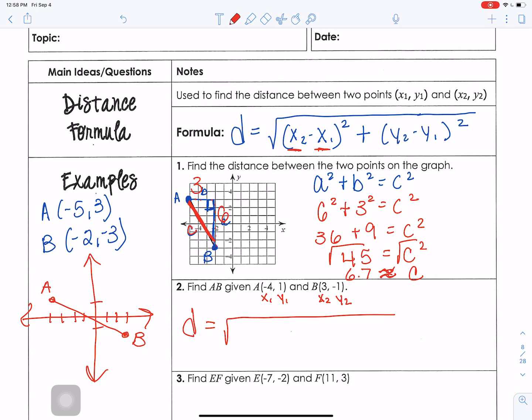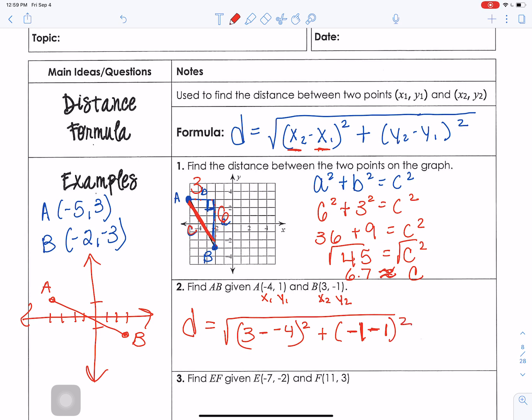So x2 is 3, and x1 is negative 4. And we have a minus in the middle, so it's minus a negative 4, parentheses squared. And then we're going to do the same thing with the y's, y2 minus y1. y2 is negative 1, minus y1, which is 1, all squared.